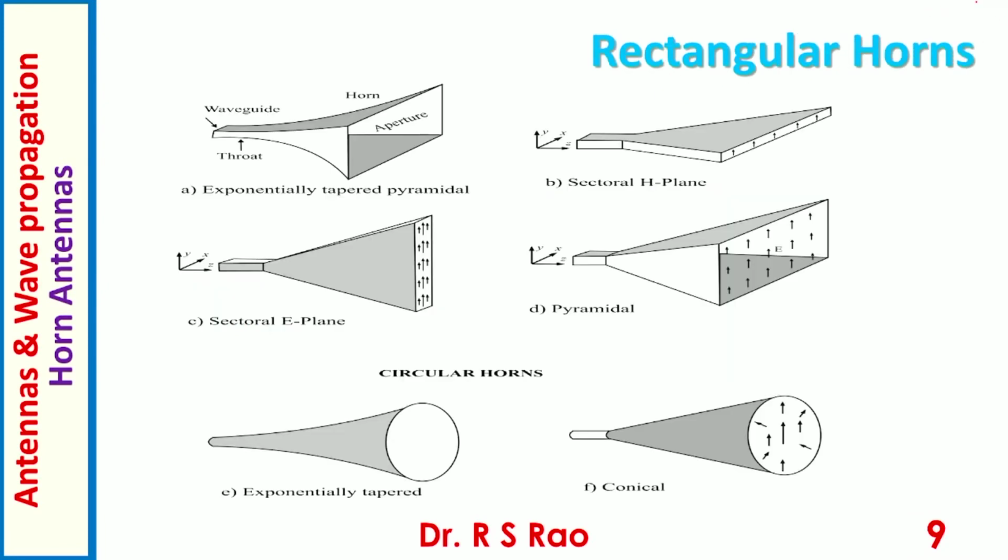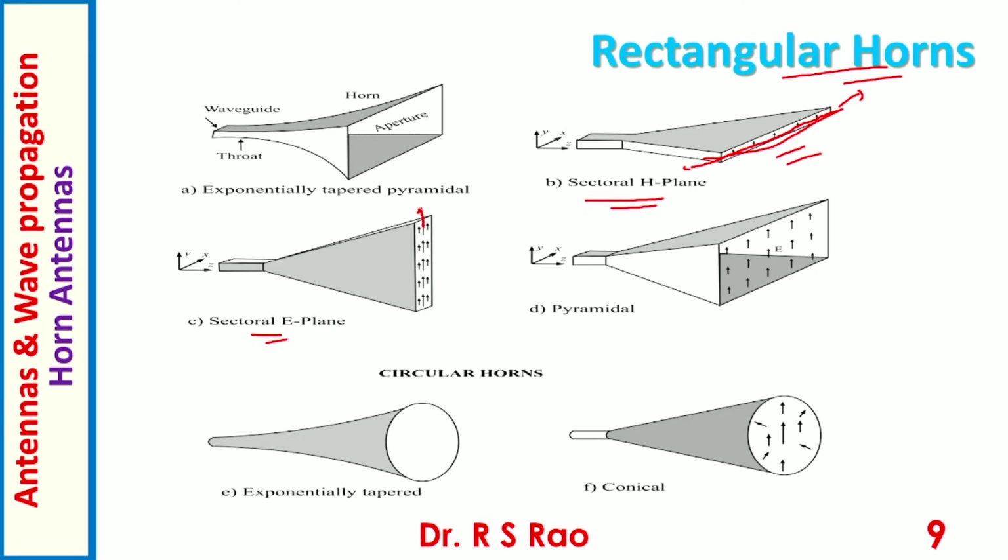Here are shown various types of rectangular horns. Sectoral H-plane horn. The narrow walls are opened out, pulled out like this. This is the H-plane. So opening out is in the H-plane, that's why it is called an H-plane horn. In C is shown the sectoral E-plane horn.